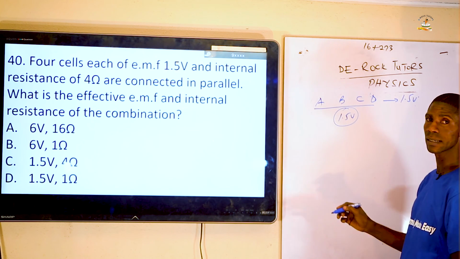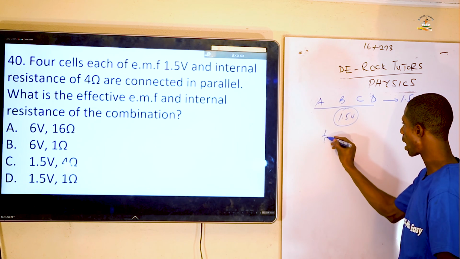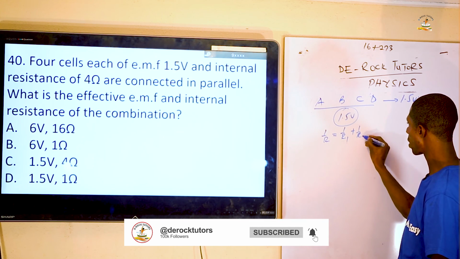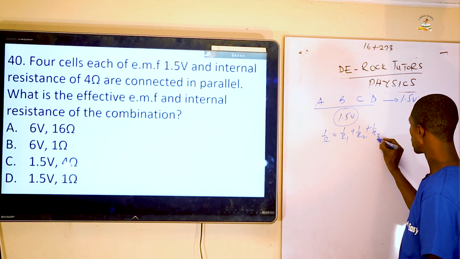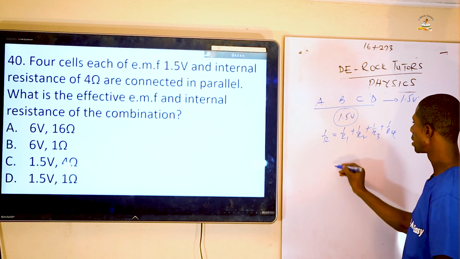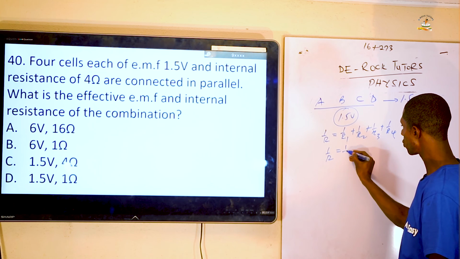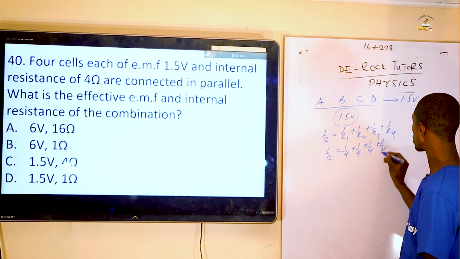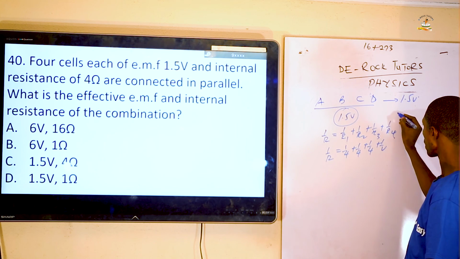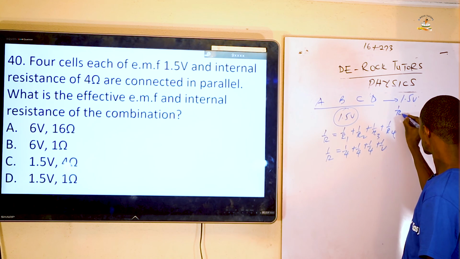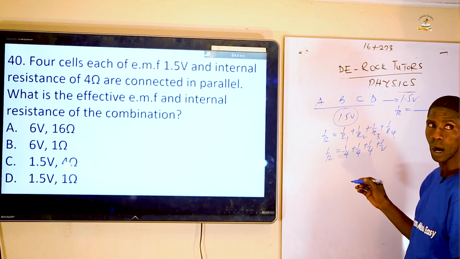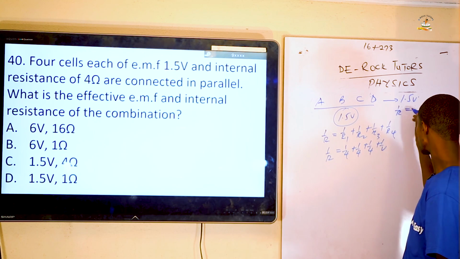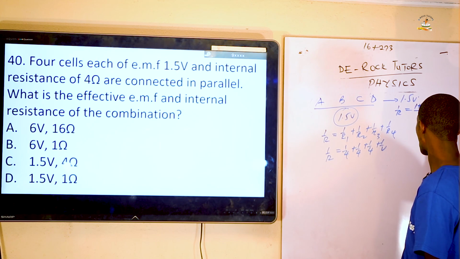But for the internal resistance, we use the formula 1 over R. Since we're having 4 cells, 1 over R1 plus 1 over R2 plus 1 over R3, then plus 1 over R4. So 1 over R equals 1 over 4 plus 1 over 4 plus 1 over 4, then plus 1 over 4 as well. The LCM of 4, 4 and 4 is 4. So 4 goes into 4 one time times 1, and the same applies to the others: 1, 1, 1.